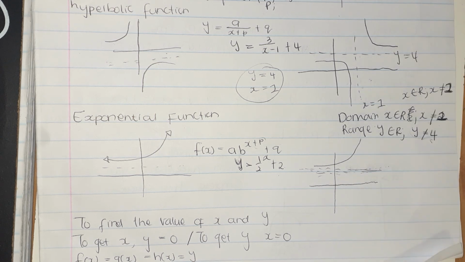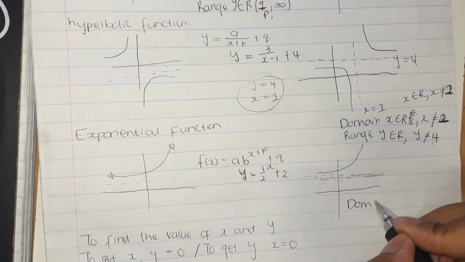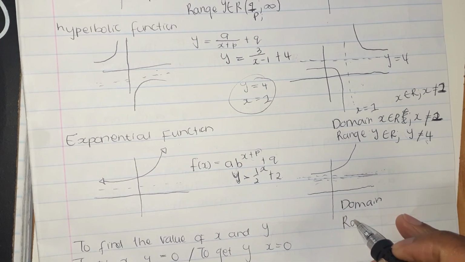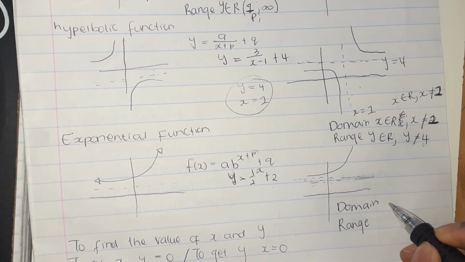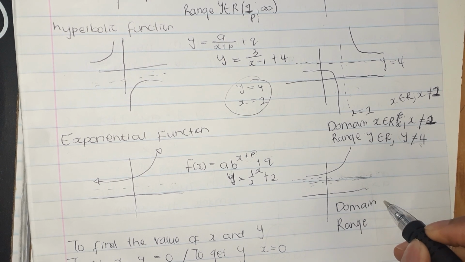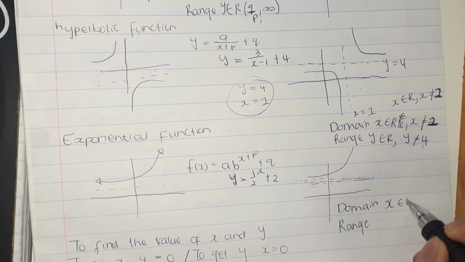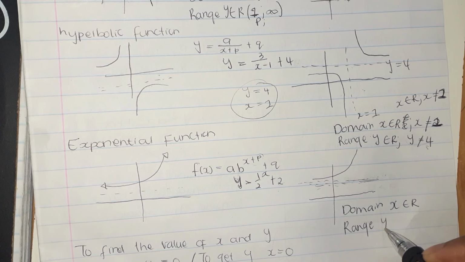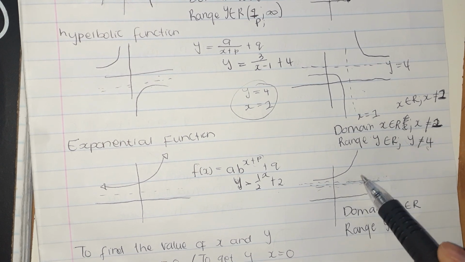So let's do domain and range for exponential. Domain is x values. So domain for exponential is x is an element of the real numbers always. And then range is y is an element of the real numbers, and then you take this asymptote.